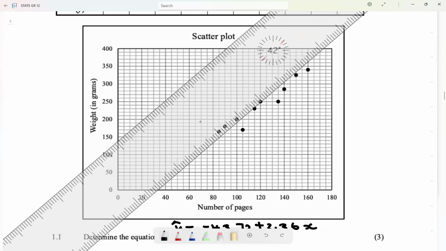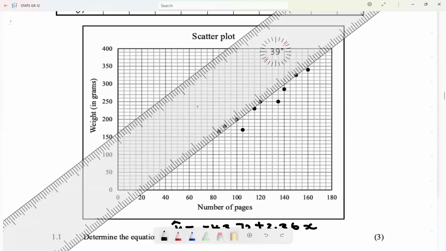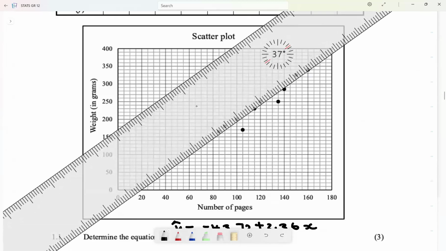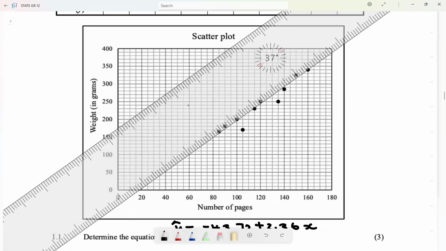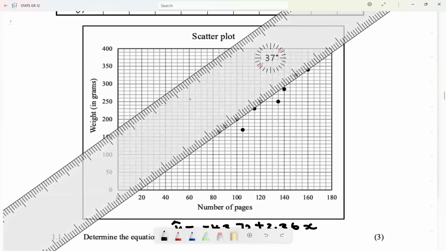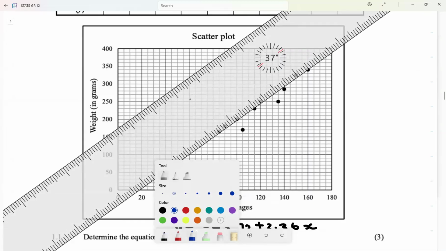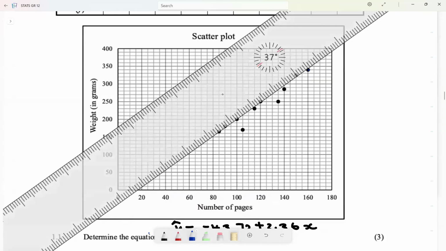I think I'll choose this one as well as the last one there. Yeah, I'll choose these 2, and then I'll use my pen to draw that for us. I'll use a blue one so that you can differentiate.